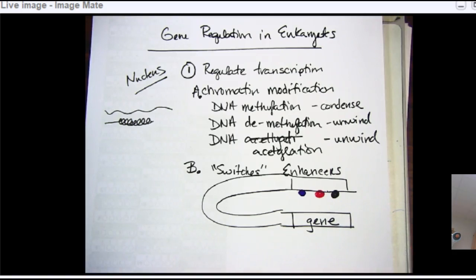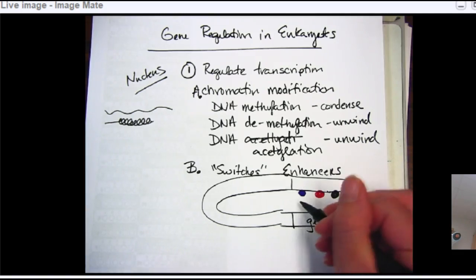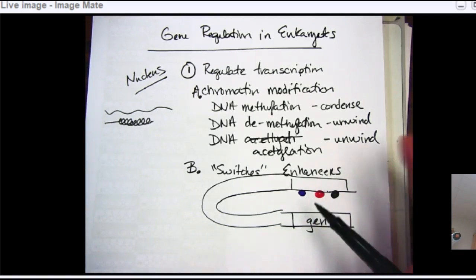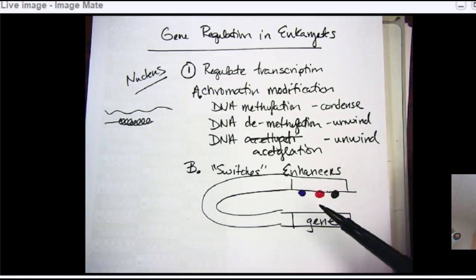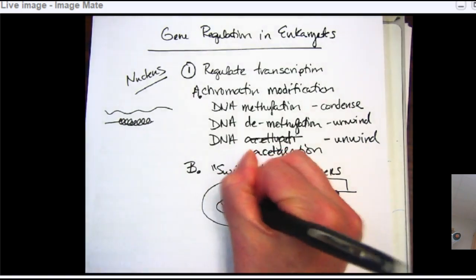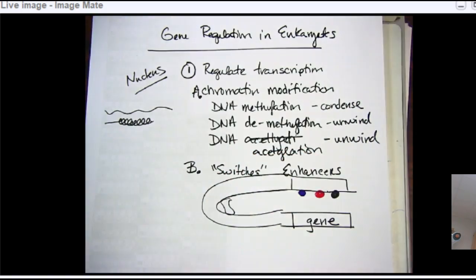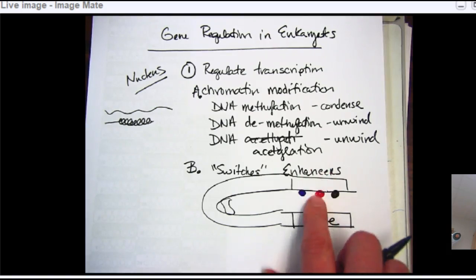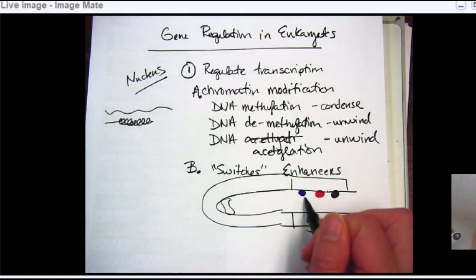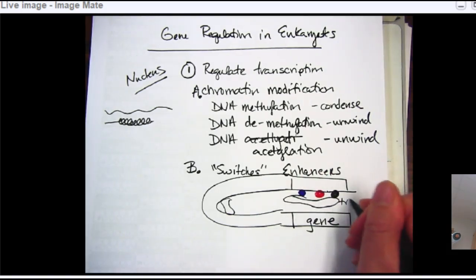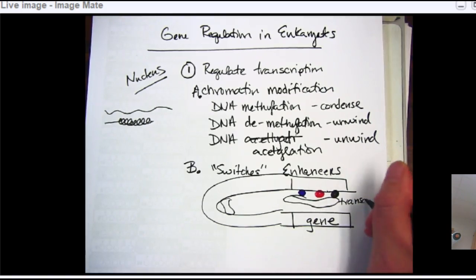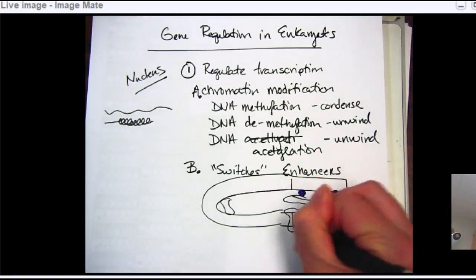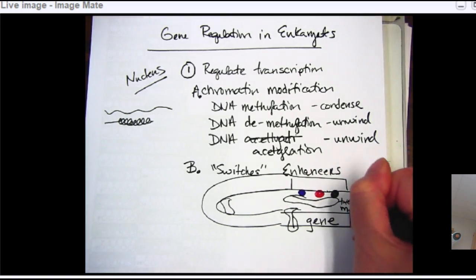So once these are bound, then we will have the binding of mediator proteins, transcription factors, DNA binding proteins, and all of this, but they're going to give you a model of it, or they're going to describe it. But the main thing is, once we have these enhancers and they're bound to these activators, then we can have transcription factors bind. And these would be mediator proteins.